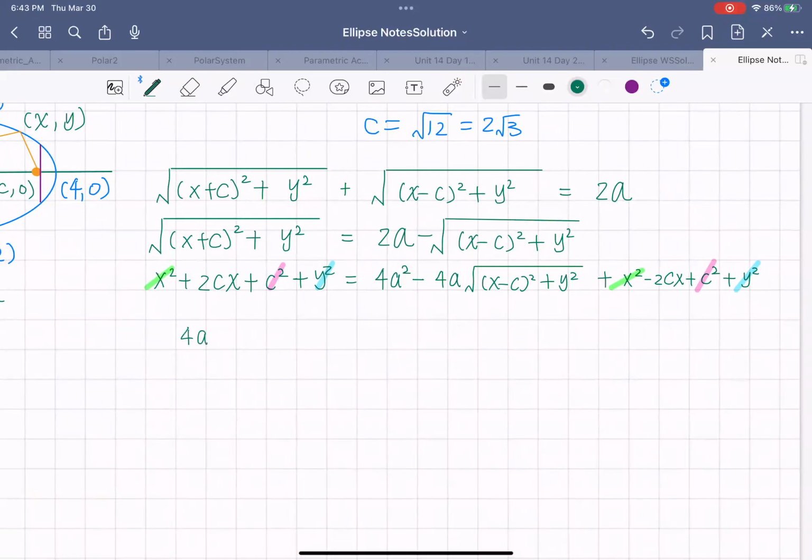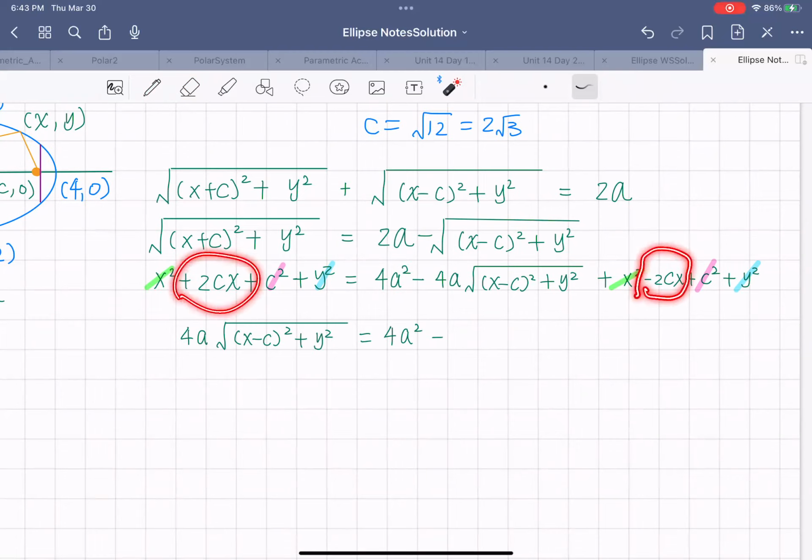So 4a times square root of x minus c squared plus y squared equals how much? 4a squared minus 2cx. This is negative 2cx minus another will be 4cx. Yes. We take care of everything already, right?